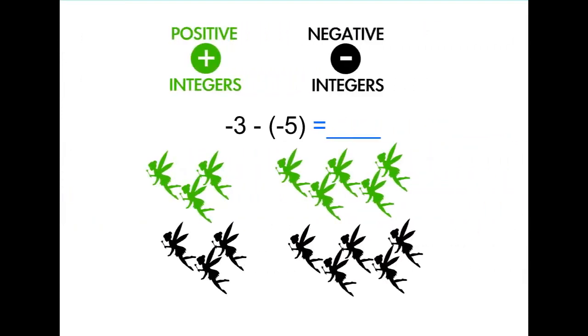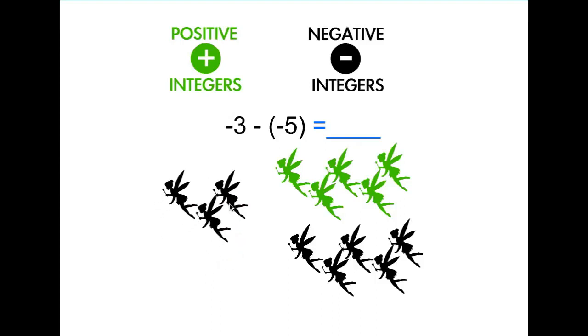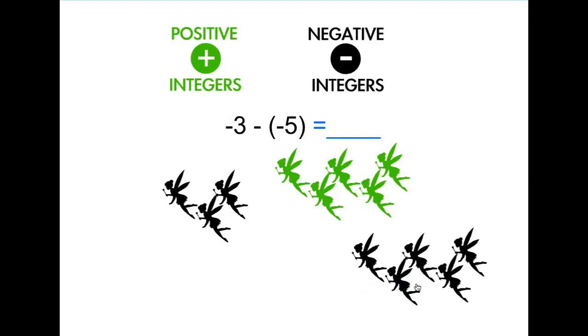But what if we have something like this where we're being asked to take away 5 negatives from 3 negatives? Well, we really have to read this from left to right and consider what it's asking. It's asking us to only consider the negative, the shadow Tinkerbells, 3 shadow Tinkerbells, and to take away the 5 shadow Tinkerbells.